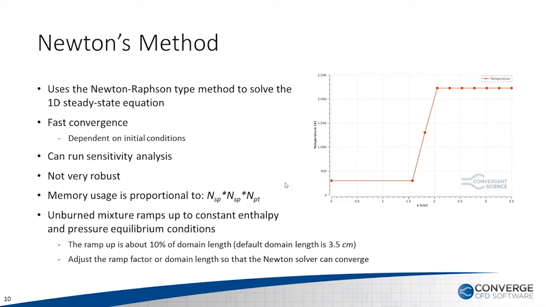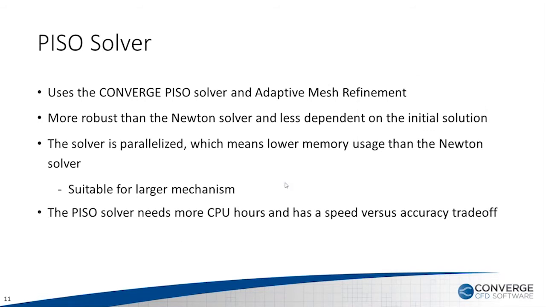We assume the default domain size is 3.5 centimeters, and the thickness of the flame, or the temperature ramp up, is about 10% of the domain, which is 3.5 millimeters. During the steady state solve, we can extend or shorten the domain. Also, we can change the thickness or the ramp up factor dynamically in order to get convergence.